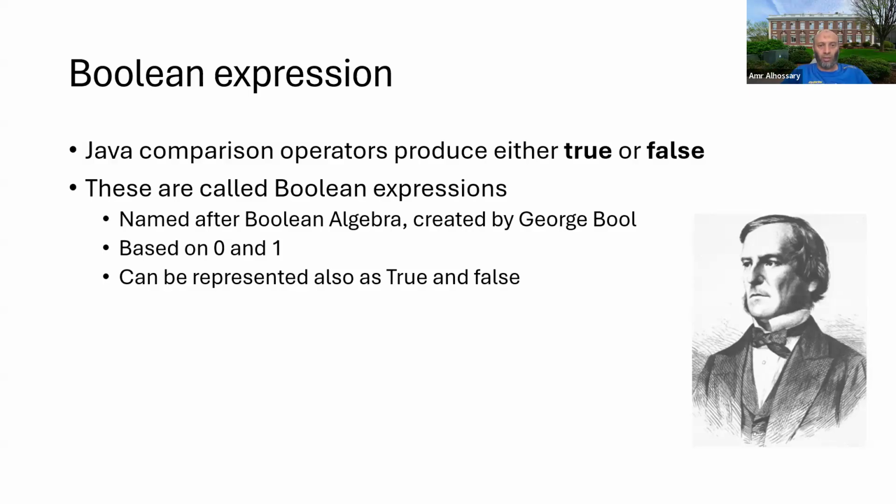Let's modify the names to be consistent. So either we say true and false, or 1 and 0. So 1 means true and 0 means false, and there are several operations that can be done upon them.